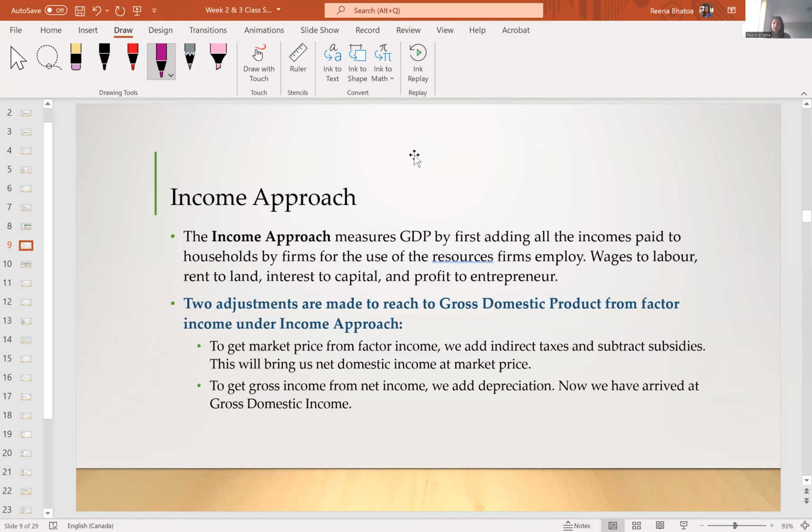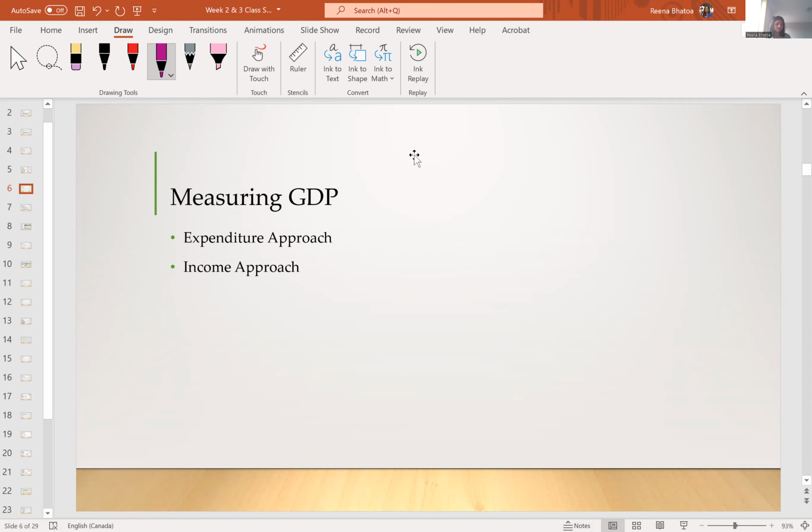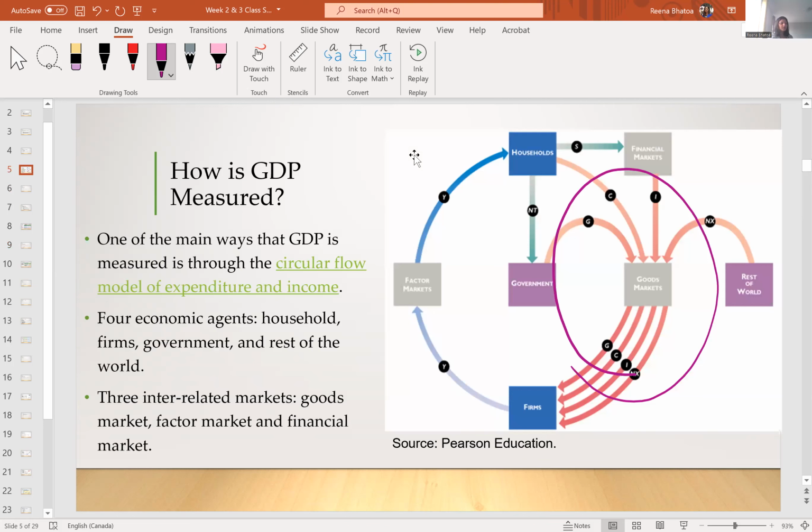To start with, I'm going back to the circular flow model. Okay. So the circular flow model says on the income side, there is income. And this income is our factor income. Factors of production earn income, which is rent, interest, wages, and profit or loss, right? So we add all those incomes. That will give us the income side of the GDP or the circular flow model.